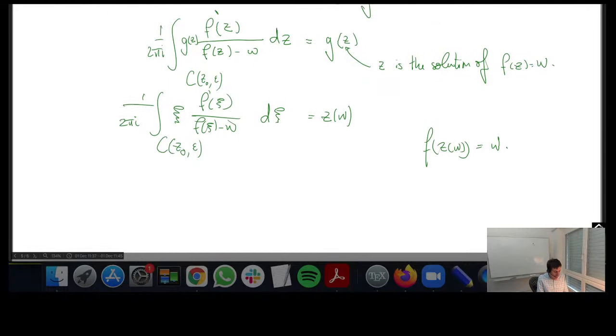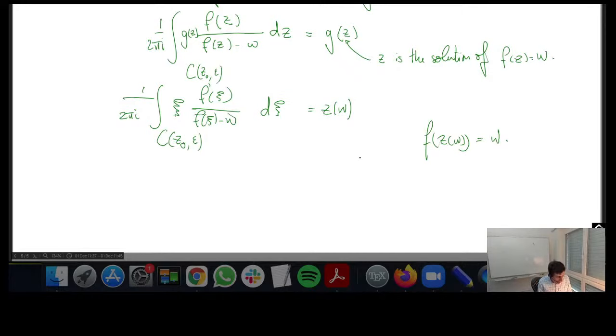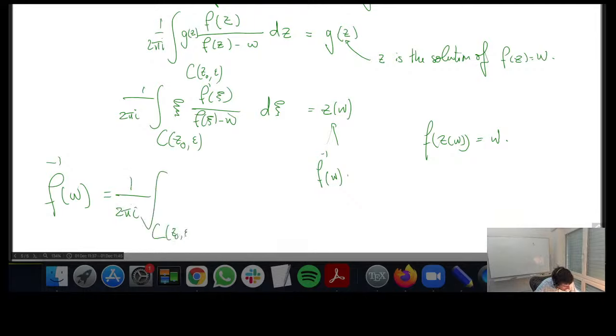And so this means that in a neighborhood, this is just like the inverse, right? At least in a neighborhood, I can define it. I'm being a bit hand wavy, you'll see this done in more generality in the exercise classes. But I get immediately a formula, if I didn't do any calculation incorrectly, for the inverse function.